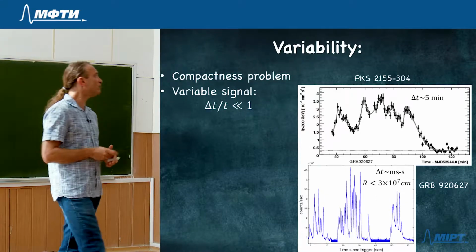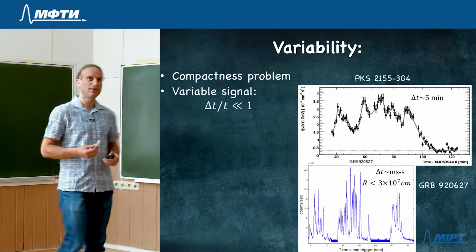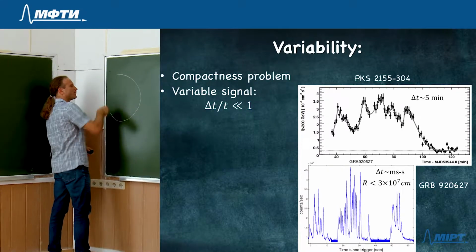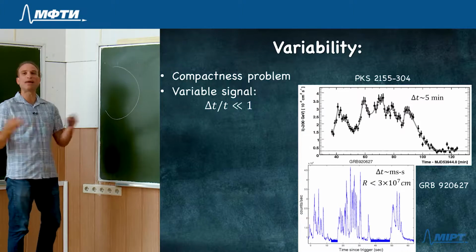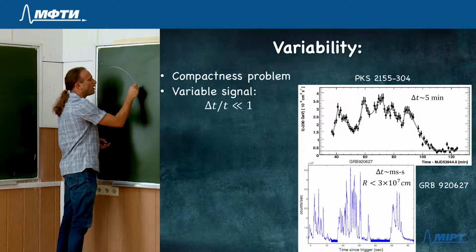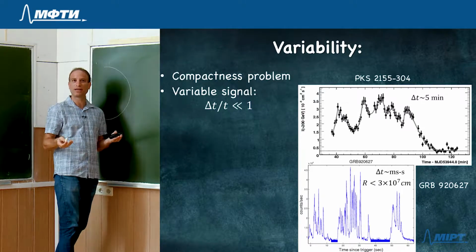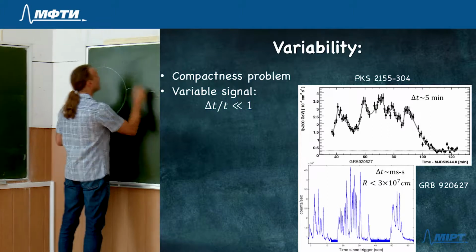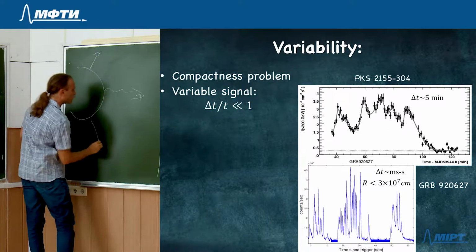If we have an object, and let's say this object is at rest, and something happened within this object and it emitted light. Light is coming from the entire surface of the object.